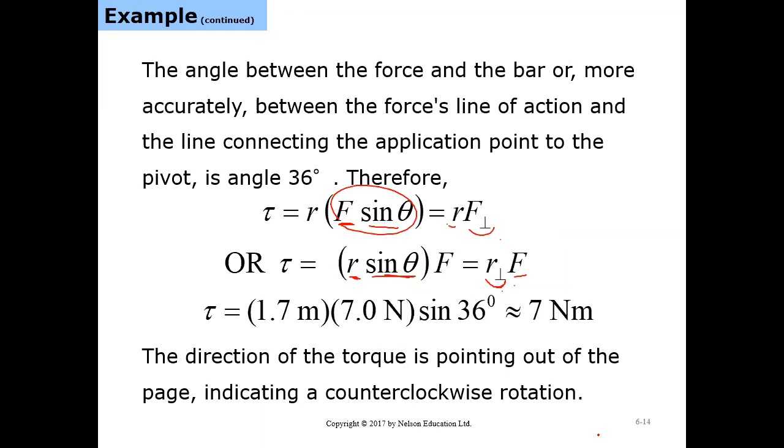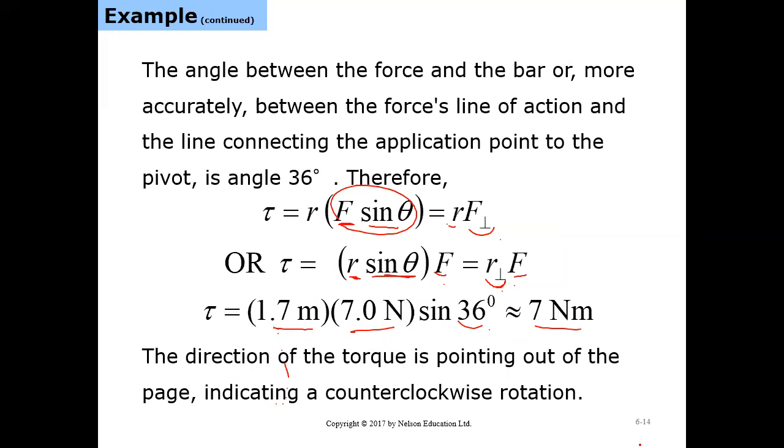Just two ways of looking at the same thing. Whatever you do, you're going to get the same answer. So R is 1.7, force is given as 7 Newton, and theta is given as 36, and you get 7 Newton meter. Now, what about the direction of the torque?